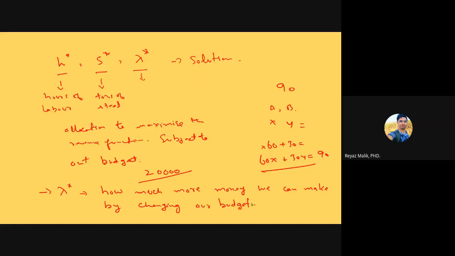By graphical representation, I can show you, by different representation, I can show you. But just try to understand the role of lambda. Lambda will tell us how much more money we can make by changing our budget. If we change our budget from one point to another point, what will be the effect on revenue?